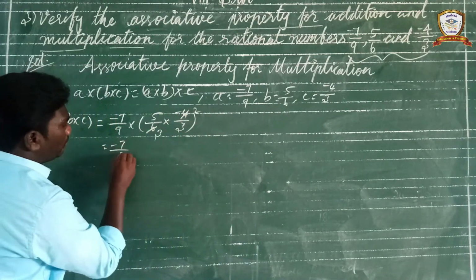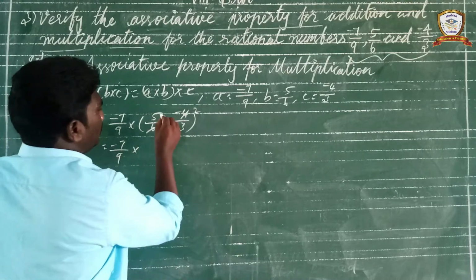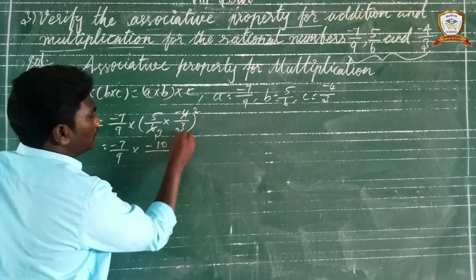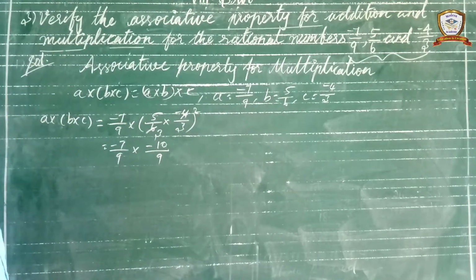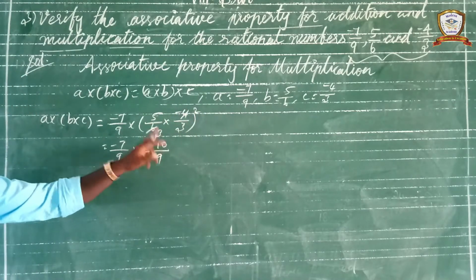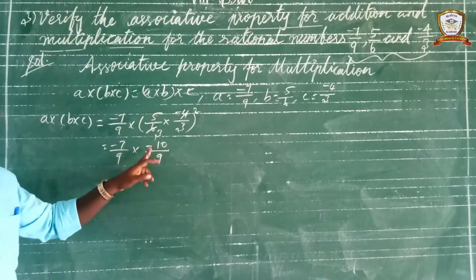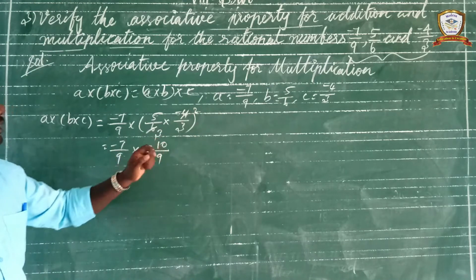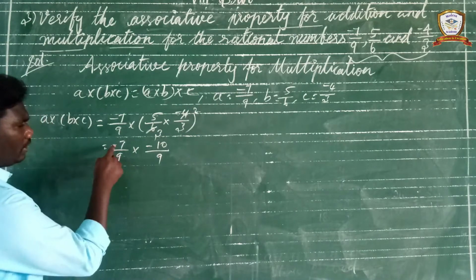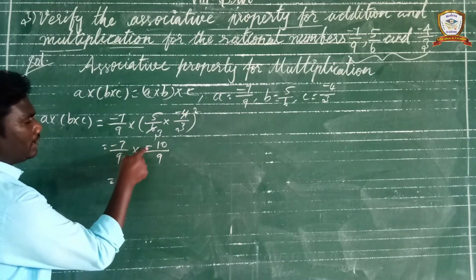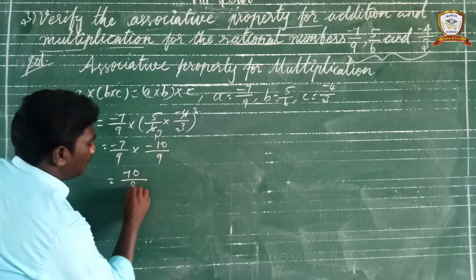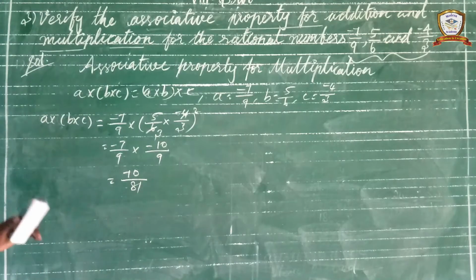So here minus 7 by 9 into, minus and plus gives minus, 5 2s are 10, divided by 3 3s are 9. Are you clear? Next, minus into minus is plus, 7 tens are 70 divided by 9 nines are 81. Are you clear?